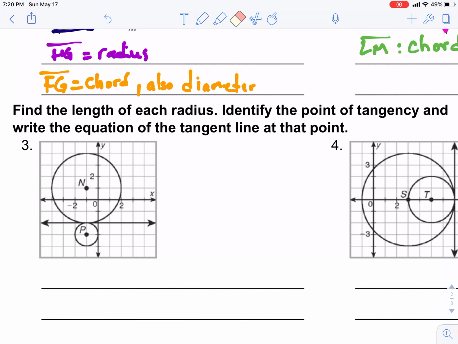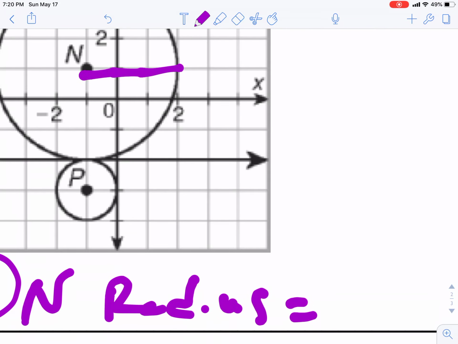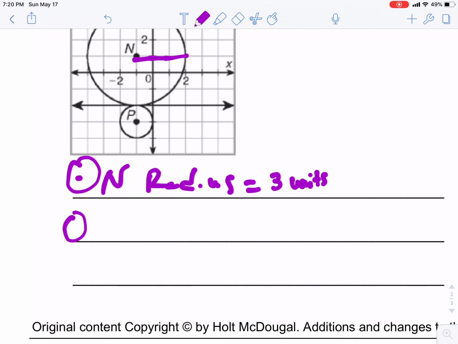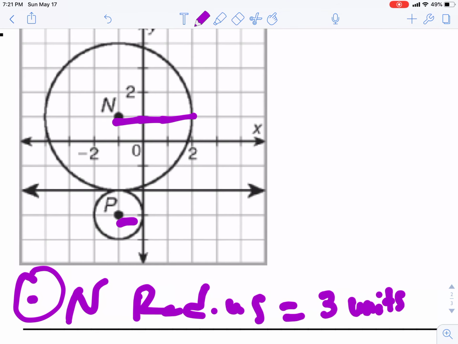So we're going to start out with circle N. Circle N, radius is equal to, and all we want to do is count. Here's 1, 2, 3. So it's 3. They don't give us units of measure, so we'll just call it 3 units. Circle P radius is only 1 unit, because remember, radius goes from the center out. Then it says identify the point of tangency. Well, where do they cross?